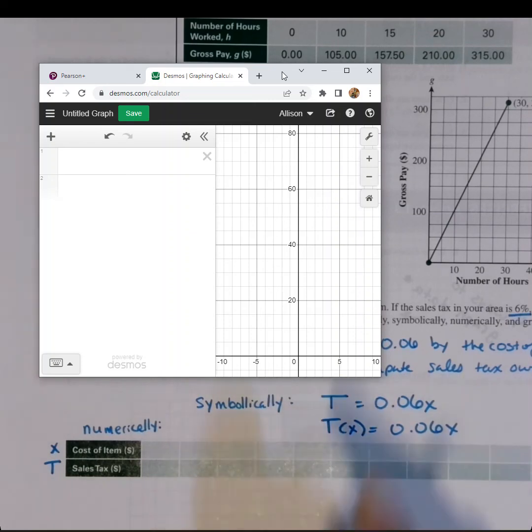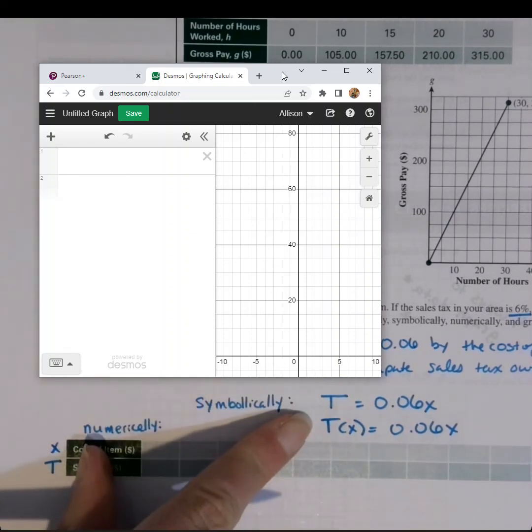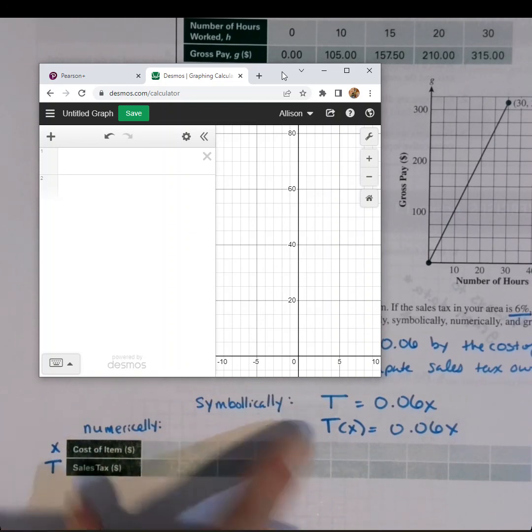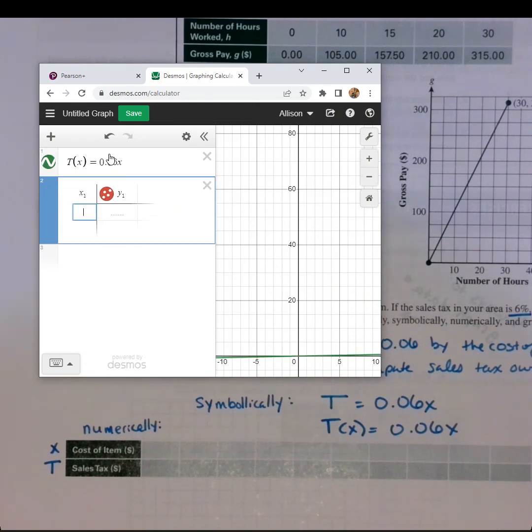Either one could be symbolic. One is written as an equation and one as a function. If I want to use an autofill table, I have to use function notation in Desmos. So I'm going to type this in function notation. T of X equals 0.06X. Then I can make myself a table.